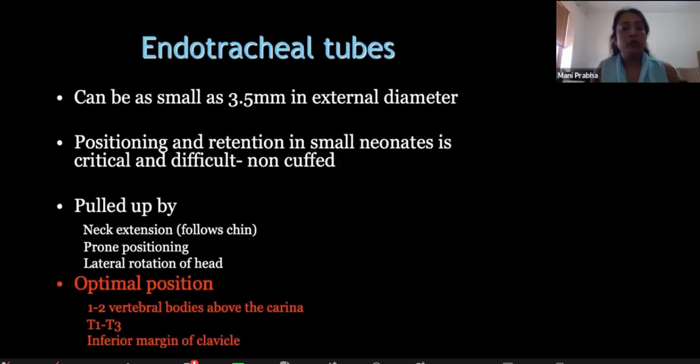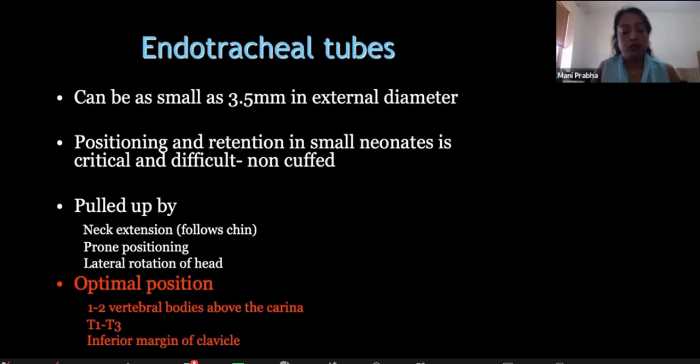Endotracheal tubes in children can be as small as 3.5 millimeter in external diameter. Positioning and retaining them is very difficult in small neonates, as they are non-cuffed tubes, so they cannot be retained very well.